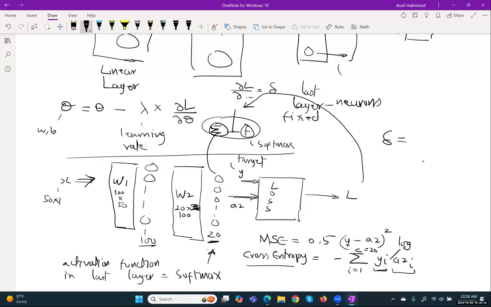If we call this, for example, S of i, then each individual will be S of i minus y of i, sorry, y of i, not A2 of i. And if we take a look at all 20 of them together, we can write it as a matrix S minus Y. So that is the delta up to this point, right?